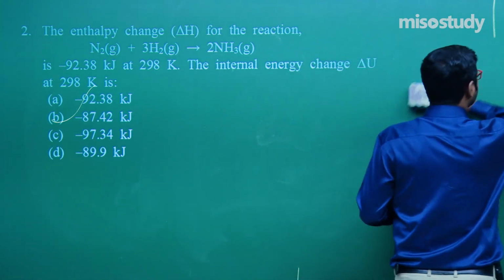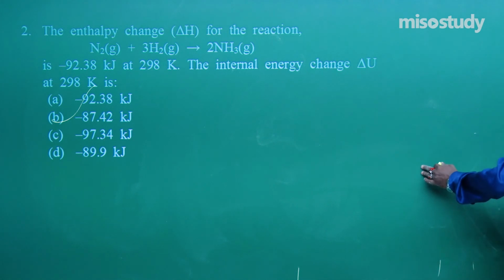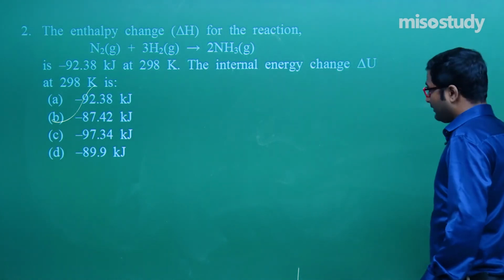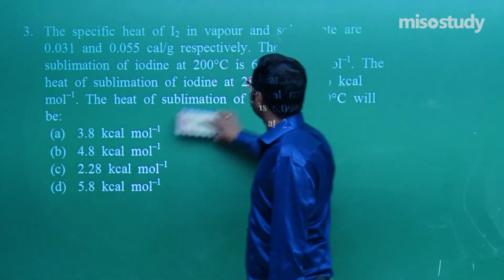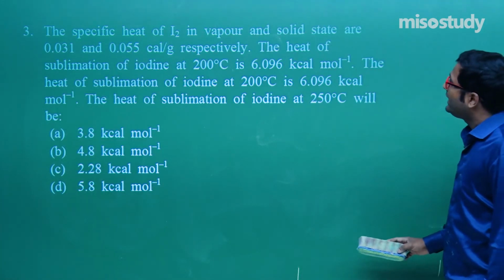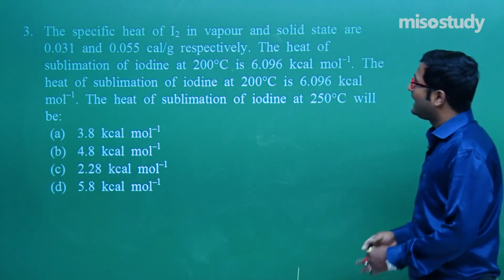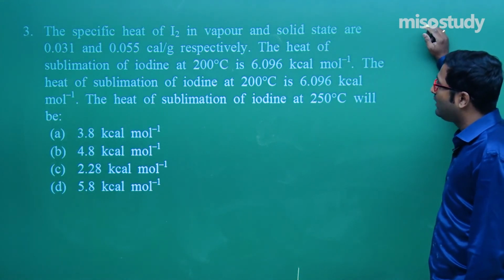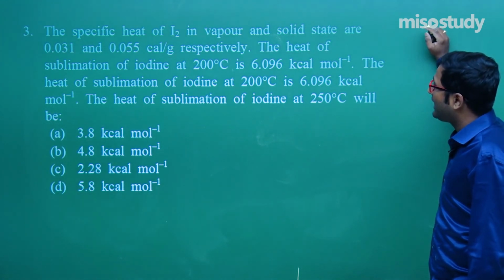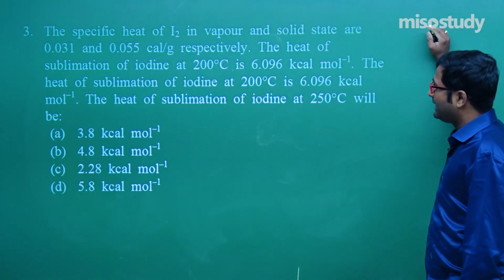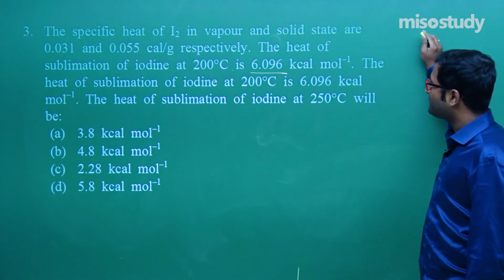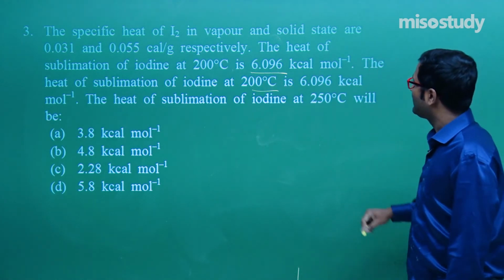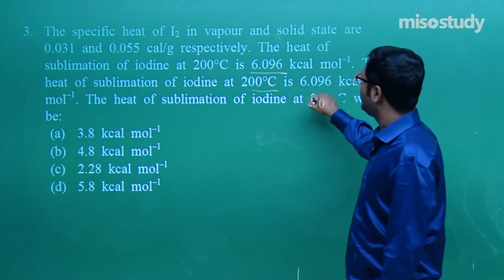Wait for a moment. Now, let's move to the next question. The specific heat of I2 in vapor and solid state are 0.031 and 0.055 calorie per gram. The heat of sublimation is given at 200 degrees Celsius.